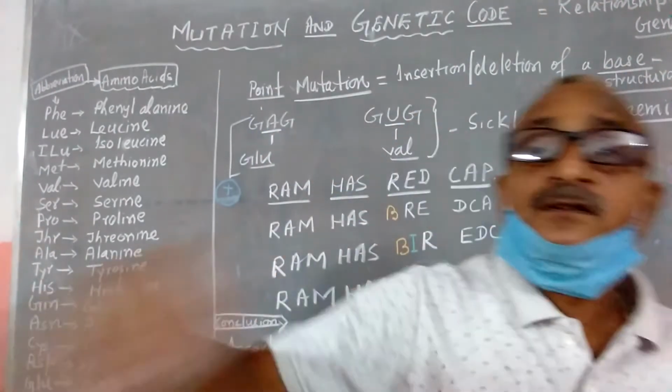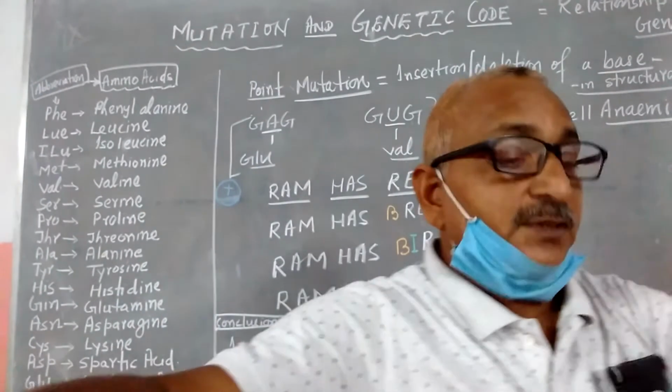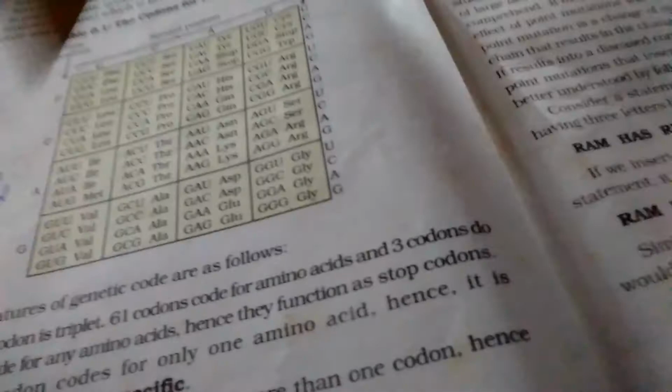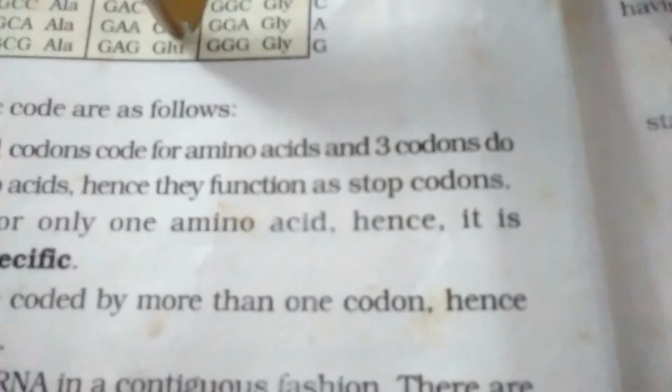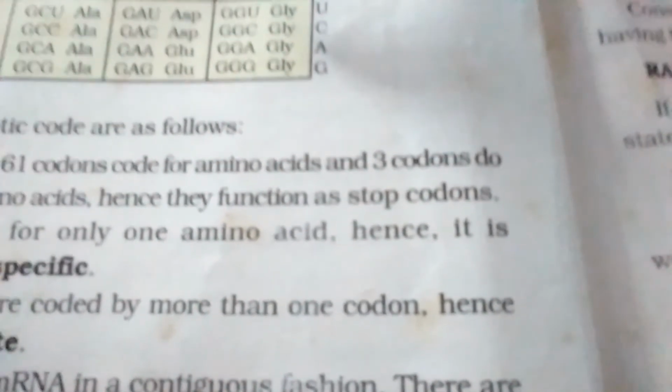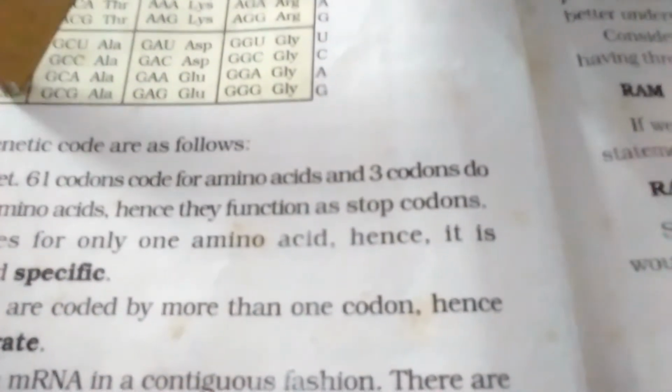Now remember, when you see the genetic code, GAG is the code for glutamic acid, and GUG, you can see here, is for valine.